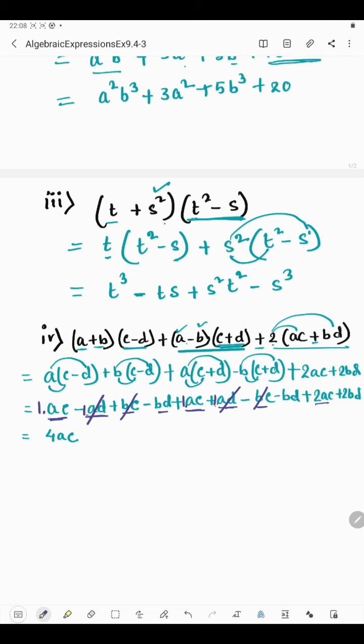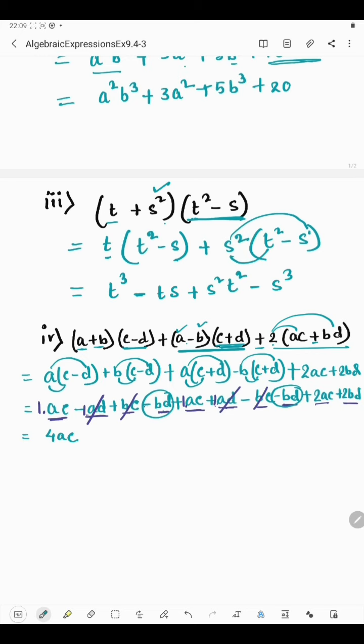Then we have minus BD and plus 2BD. So this minus BD and this minus BD will be minus 2BD, and then we have plus 2BD. See, if you add these two, when you have similar sign, we do addition, right? And the coefficient of BD is 1 and here the coefficient of BD is 1.